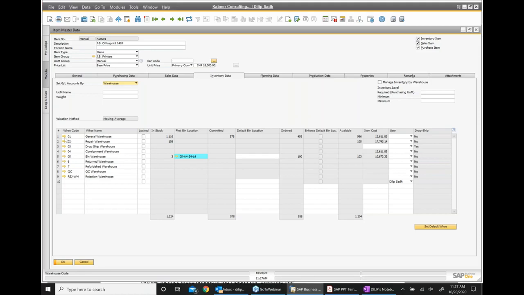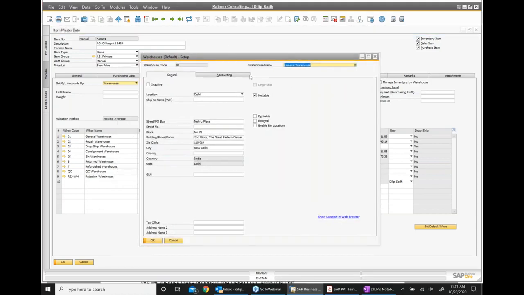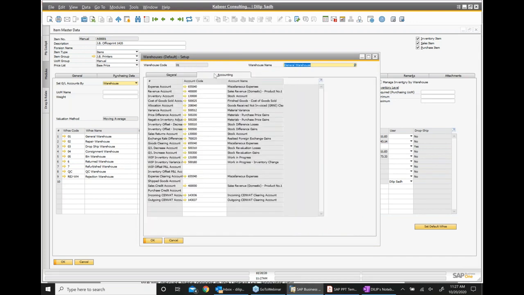So we go to general data, general warehouse. And remember, we were talking about how we configure the warehouse as well. And here we go to accounting. And then we have all these different accounts here as well. Now, these are the accounts which are defined at a warehouse level.